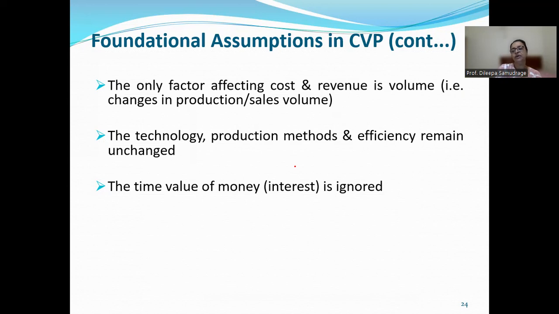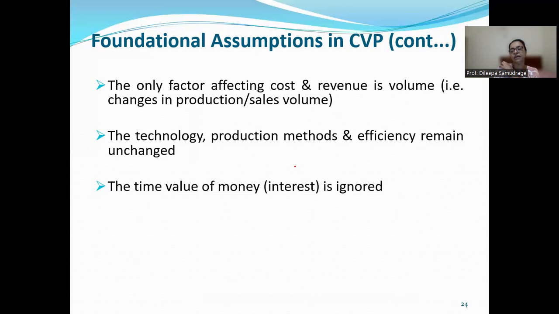So last time you have done capital budgeting, right? So maybe sir may talk about this time value of money. Madam, it's the cost of capital, no, we ignored. Yes, so you ignore the cost of capital. So cost of capital is ignored.